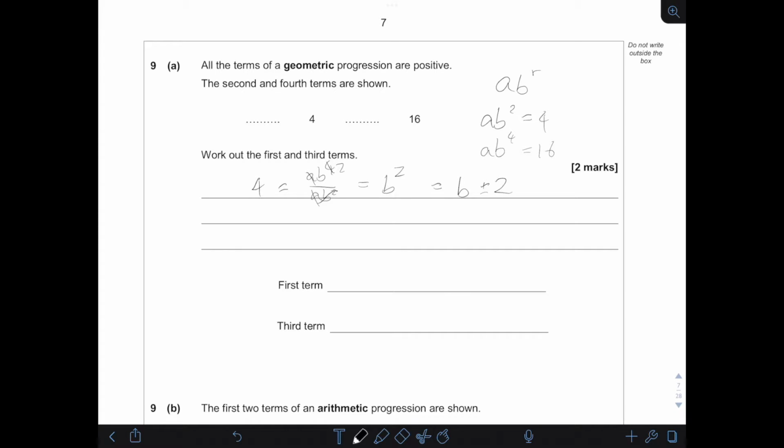So remember, whenever you square root something, you don't know the sign, because negative times negative equals positive. But in the case of this geometric progression, you can't really tell whether or not it's plus or minus, which is the funny thing.